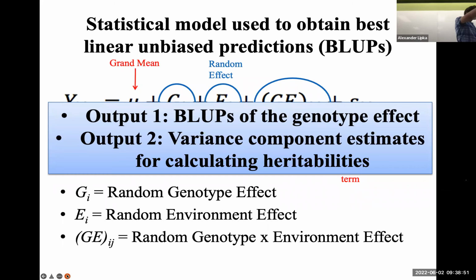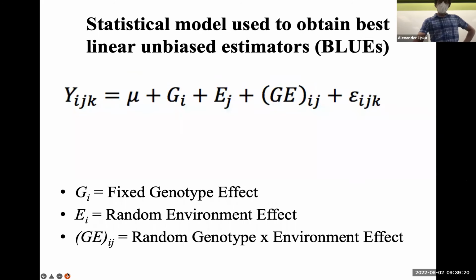So we can obtain estimates of the variance of G, the variance of E, and the variance of G by E. That gives us variance component estimates. And we can use those variance component estimates to estimate heritability, which you all learned yesterday is the proportion of total variability in our traits, denoted here as Y, that is attributable to genetic effects.